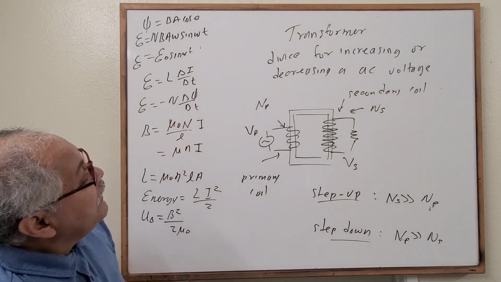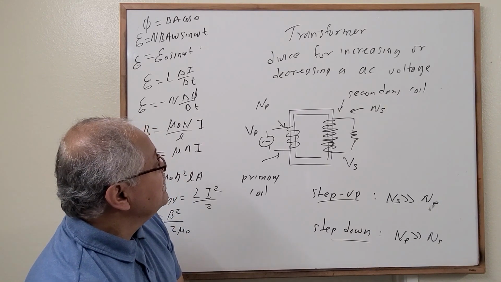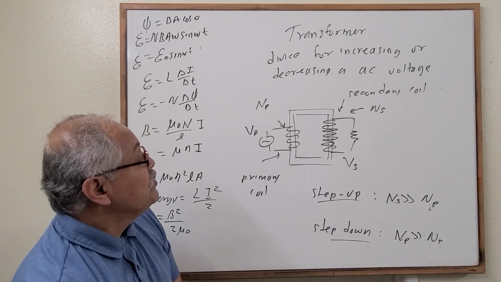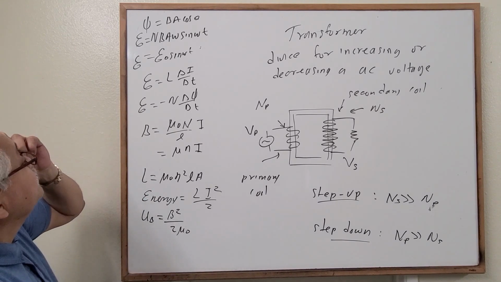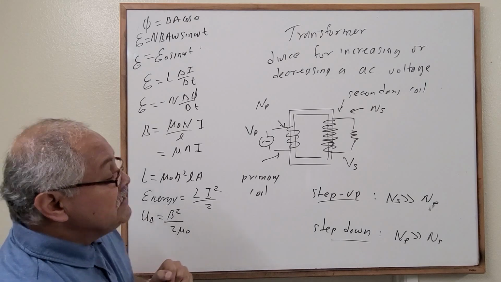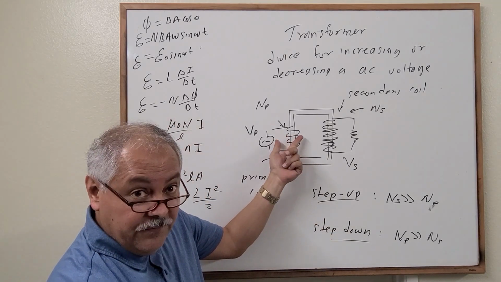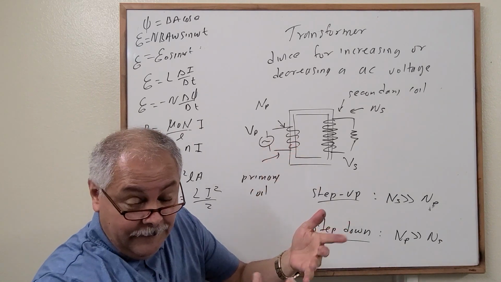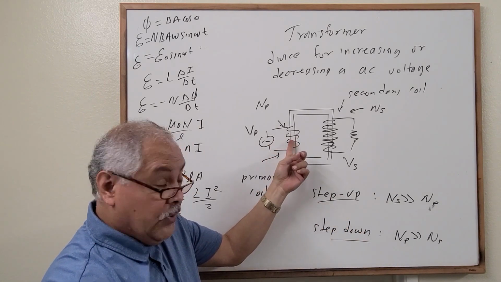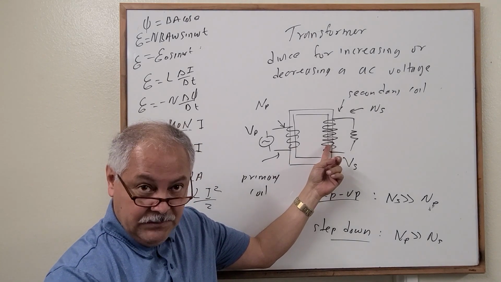Perfect. Now let's find an equation that helps us to work with voltage. In this case, let's use one more time Faraday's law. We expect the change in the magnetic flux on the primary to be the same as the change in the magnetic flux in the secondary coil.